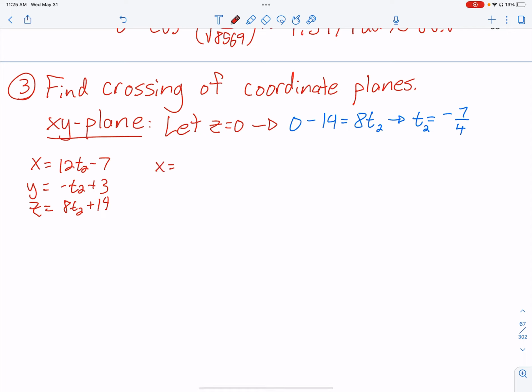So x equals 12 times negative 7/4 minus 7. I'm just going to use my calculator. I got negative 28. Do the same thing for y, so that's negative 7 over 4 plus 3. That's 19 over 4.